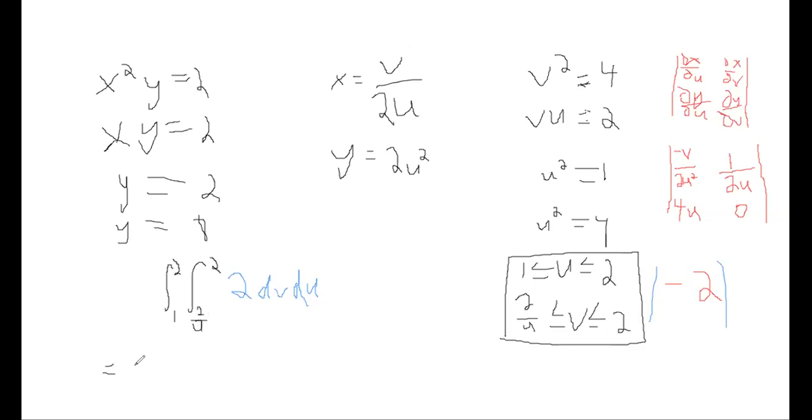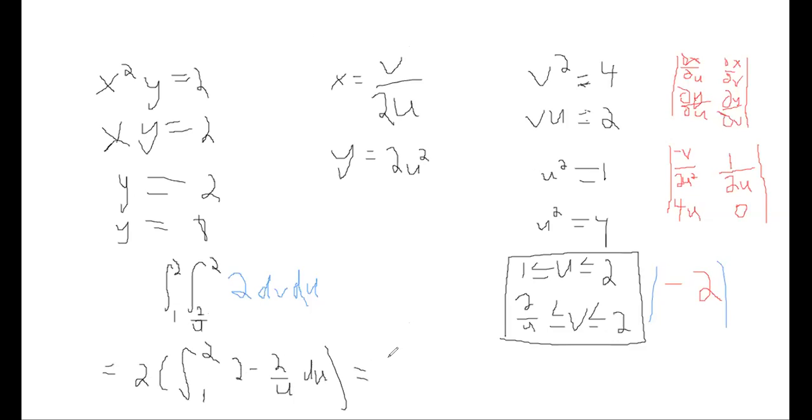So we get 2 times the integral from 1 to 2 of 2 minus 2 over u du.